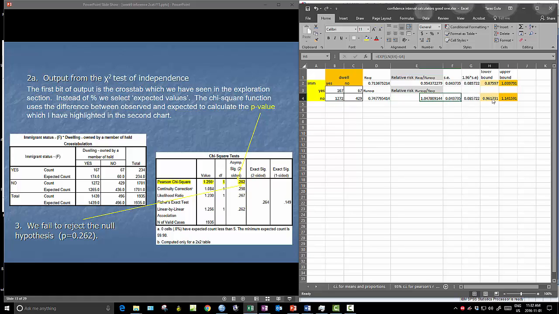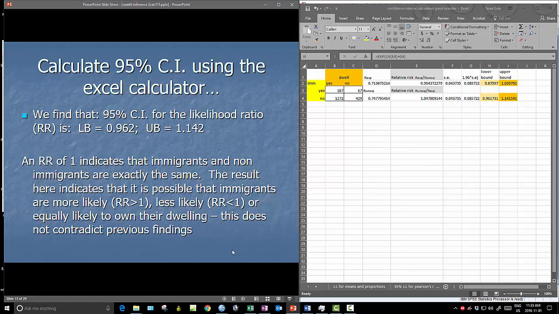So when we were comparing Canadian-born Canadians to non-Canadian-born Canadians, this is the lower bound and the upper bound of the confidence interval for the relative risk. And so that's where these numbers are coming from.